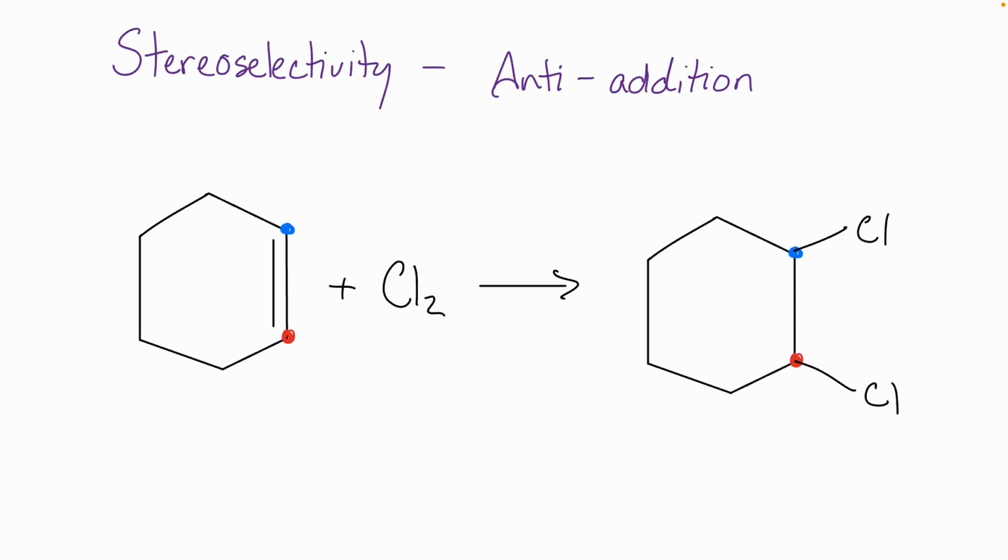And since this is an anti-addition, that means that one of those chlorines gets added to one side, so it gets the wedge, and the other one gets added to the other side of this ring, so it gets a dash.